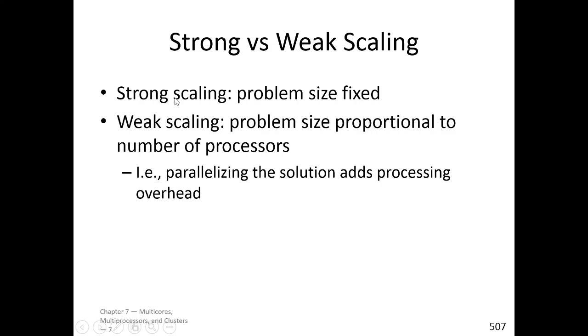It's very easy to parallelize it. The book goes over the math for this. Weak scaling is where the problem size grows proportionally to the number of processors. So it begs the question of whether it is worth parallelizing. Those are just some big picture terms.